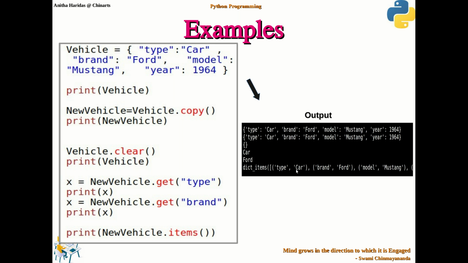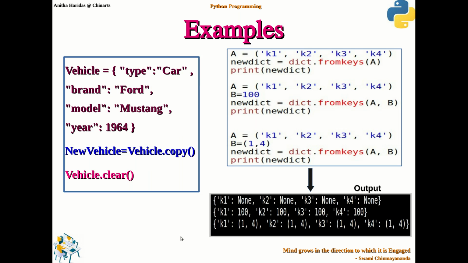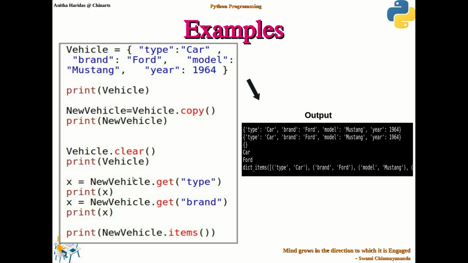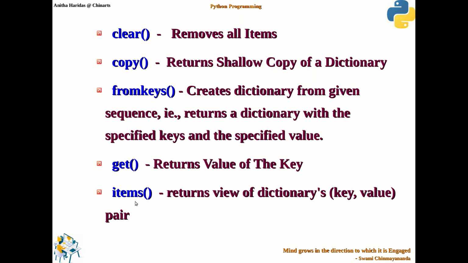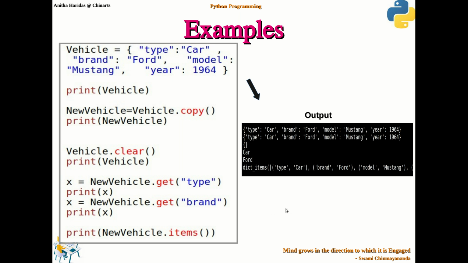So that your dictionary object looks something like this: the first data with key value pair, second key value pair, third key value pair, and so on. That is how items will be displayed, right? You can observe here, when I gave the dictionary directly, it shows me in the curly braces, whereas when I tried items, it returns a view of the dictionary's key value pairs.